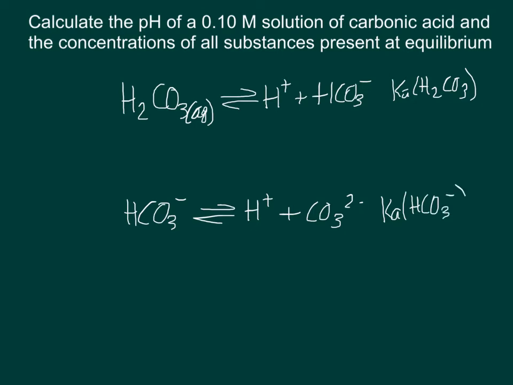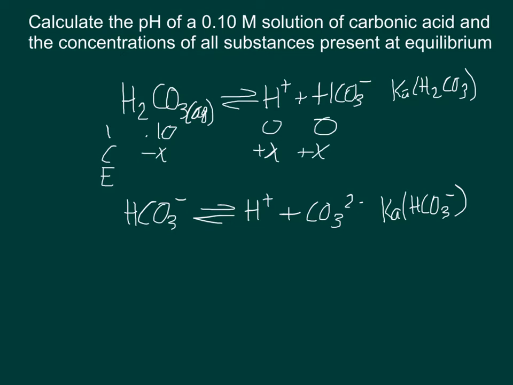Alright, so we're going to set up a RICE chart. We're going to do this top one first, the carbonic acid. And our initial concentration, 0.10 molar, 0, 0. And for the change, right, minus x, plus x, plus x.